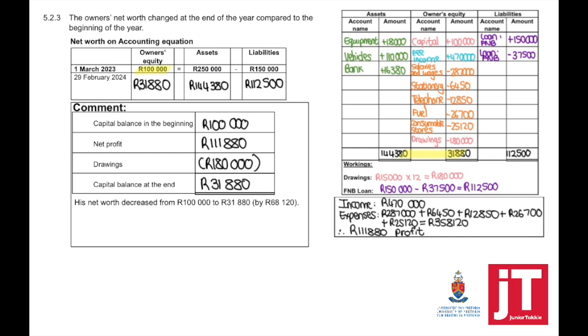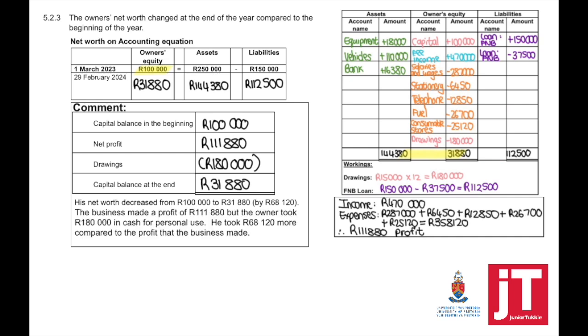So if we look at his net worth, what happened with his net worth? In the beginning, it was 100,000 and now it is 31,880. That means it decreased by 68,120. And this is how you need to quote figures in commenting. Use the figures which you've calculated. The business made a profit of 111,880.